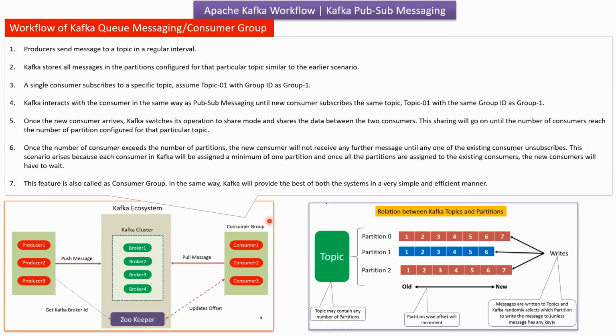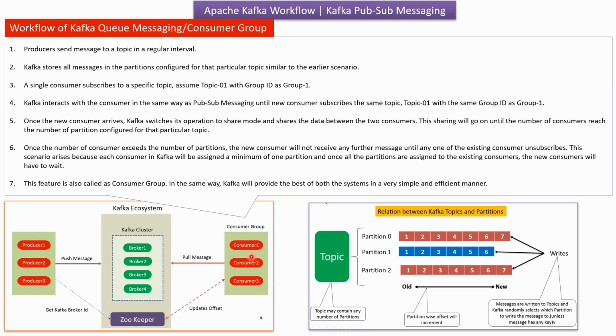Here you can see the consumer group, and assume initially only one consumer is there, and that consumer subscribes to the topic. In this scenario, Kafka interacts with the consumer in the same way as publish-subscribe messaging until a new consumer subscribes to the topic, and the new consumer belongs to the same consumer group.